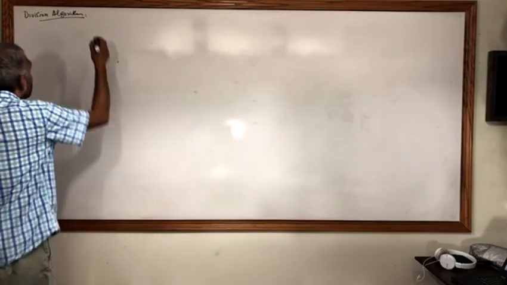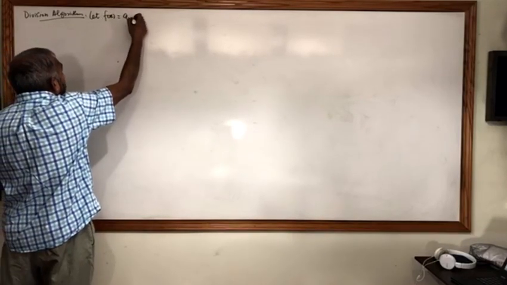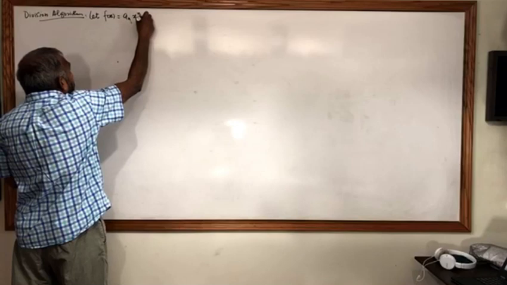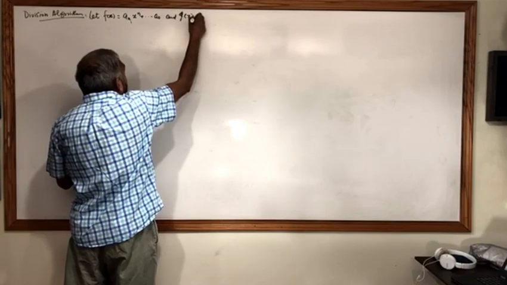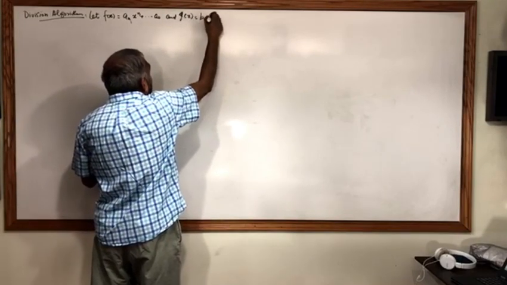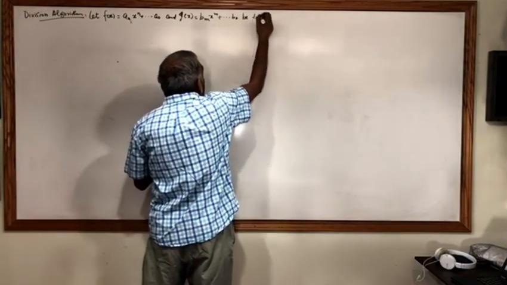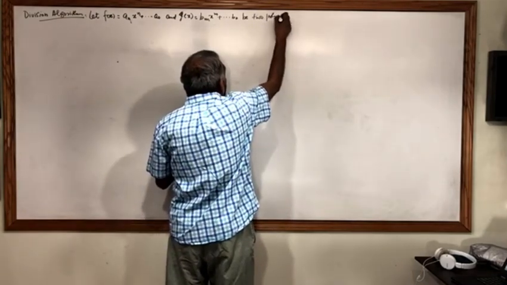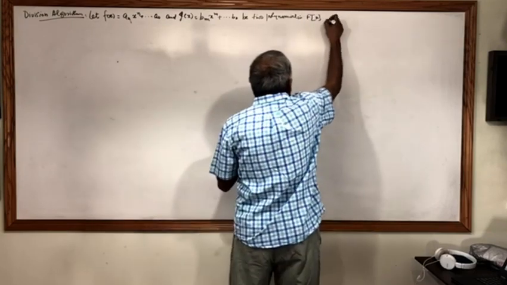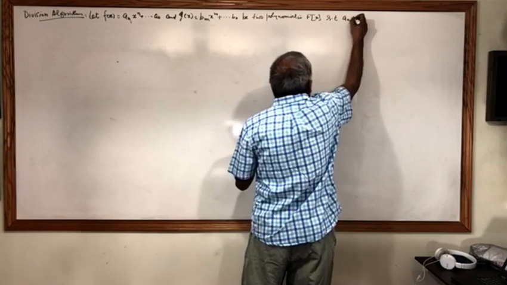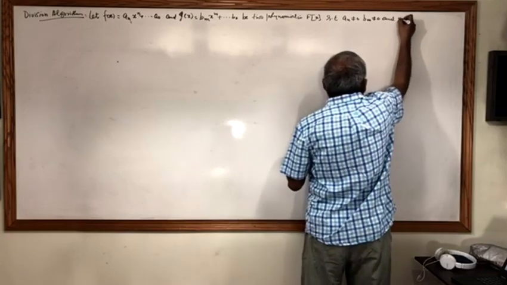And that is what the division algorithm is. So let f of x is equal to a_n x to the power of n plus dot dot dot plus a_0, and g of x is equal to b_m x to the power of m plus dot dot dot plus b_0, be two polynomials in F of x such that a_n is different from 0, b_m is different from 0, and m is strictly greater than 0.